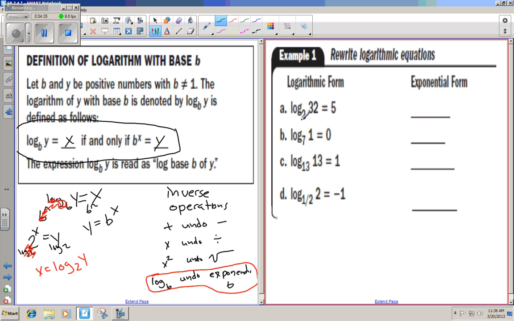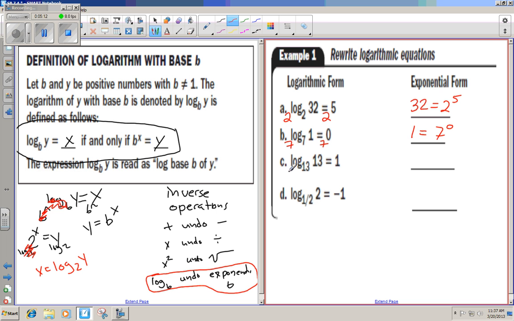So take a look here. You can try to use the definition if you want, but remember, log base 2 is undone by an exponential base 2. So you're going to raise this to a base 2 power. Rewrite this: 32 is equal to 2 to the 5th. What undoes a log base 7? A base of 7. So 1 equals 7 to the power of 0.